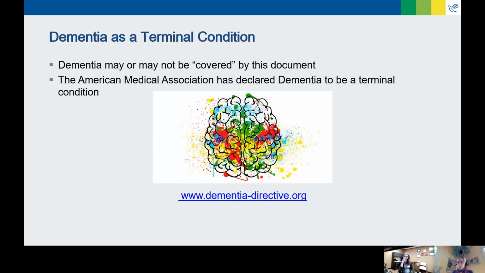It also, for most people around dementia, really depends on the quality of their life and what they're able to do, how they're able to engage. So we appreciate that this document has broken dementia down into stages, and it gives you an opportunity to say, what would you want the focus of your health decisions to be if you were in mild, moderate, or severe dementia. So I encourage you to take a look at that document if dementia is a concern of yours or you're just curious to take a look.